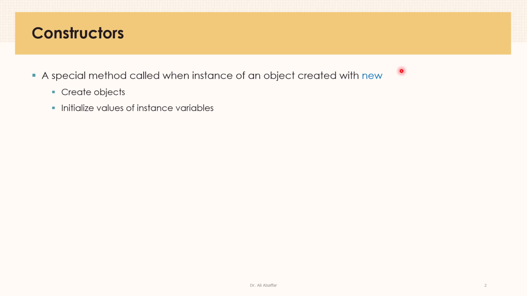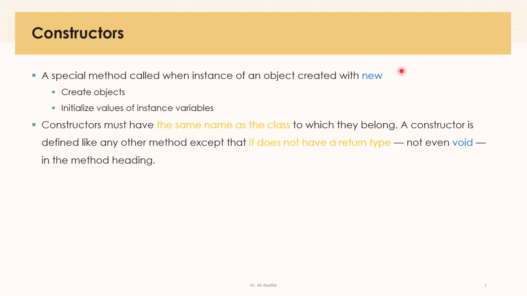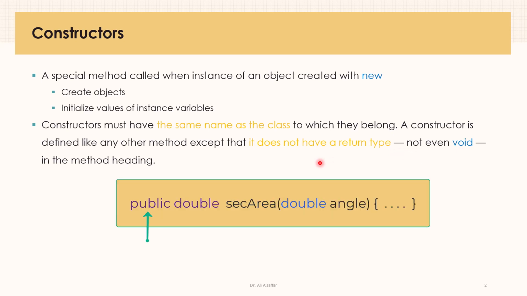So the question is how to define a constructor in your class. First, it must have the same name as the class. Second, it should not return any type, not even void. Remember that to define a method, you write public, followed by the return type, integer, double, long, etc., followed by the name of the method.